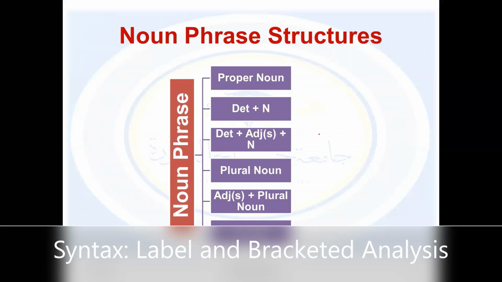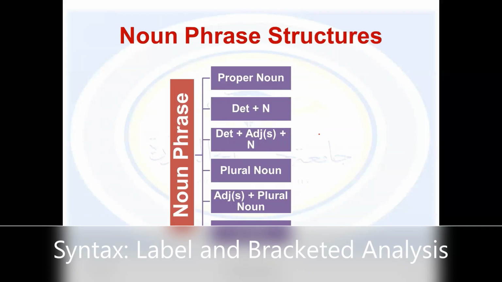The second structure of the noun phrase is determiner plus noun. We said determiner may be an article, an enumerator, a demonstrative, this, that, or some other. So this is the second structure.